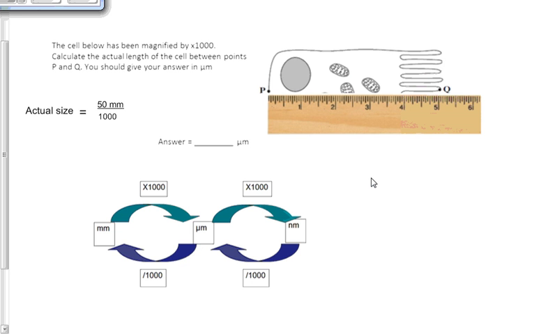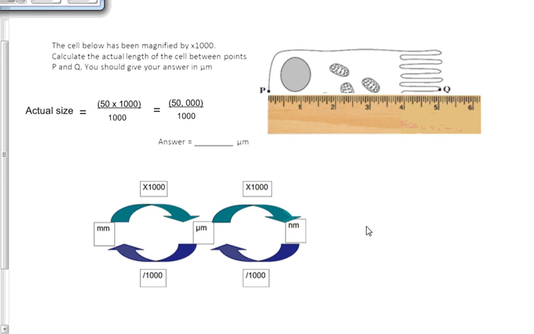Fortunately, your notes booklet gives you some guidance on this. You can see from the diagram below, which is in your notes booklets, that if I want to convert from millimeters to micrometers, millimeters are on the left of my diagram, micrometers are in the middle there, I need to times by 1,000. So I need to multiply by 1,000 to convert from 50 millimeters to micrometers.